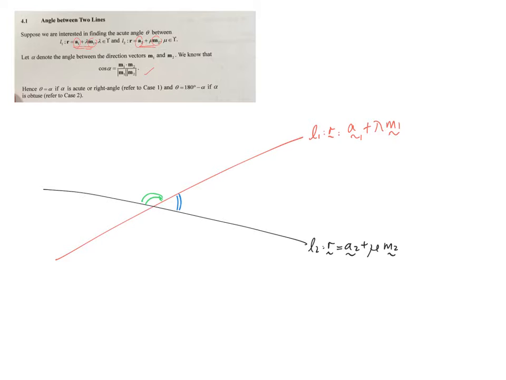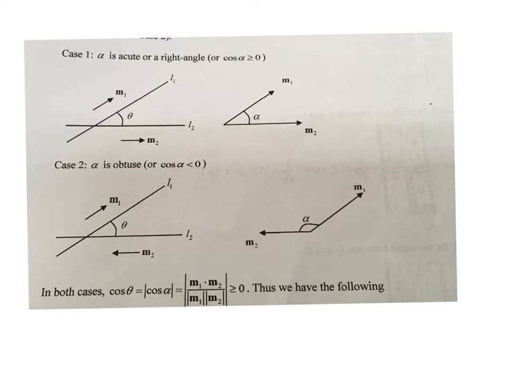Ideally, if this is my M1 and this is my M2, you know that the angle between two vectors, cosine theta, is equal to M1 dot M2 over the magnitude of M1 multiplied by the magnitude of M2. But what if alpha is acute or a right angle?